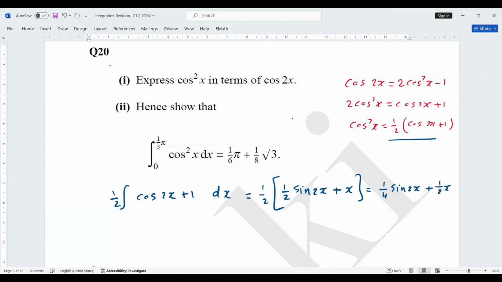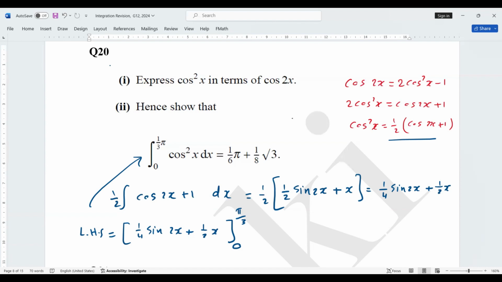Now, the left-hand side equals, now we replace x. It's quarter sine 2x plus half x, the limit from 0 to pi over 3. By the way, in all integration involving pi, you have to convert the calculator to radian mode, not degree.